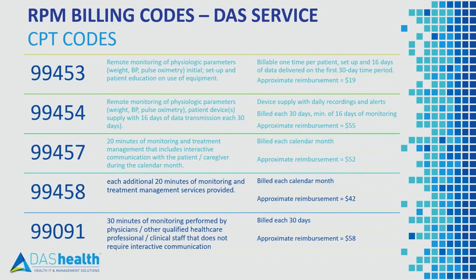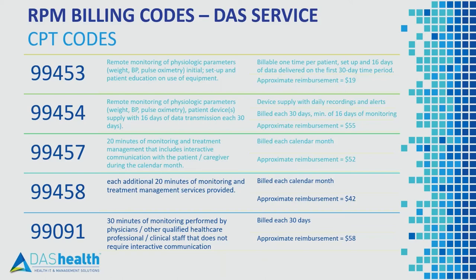When you do start billing for these services, we're going to work with you and explain which patient can bill, and which CPT code you can bill for. Obviously, we had already discussed this previously. However, we're going to monitor every single solitary patient that delivers 16 days.